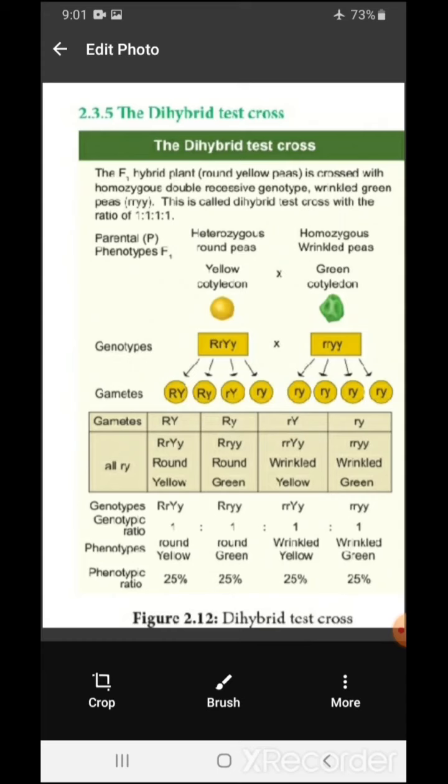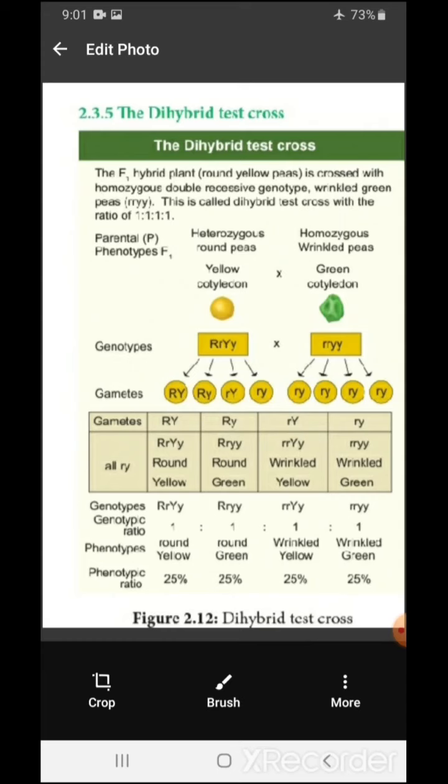Here, the F1 hybrid plant obtained in the dihybrid cross is round seed with yellow cotyledon. It is crossed with the homozygous double recessive, wrinkled seed with a green cotyledon. This is called the dihybrid test cross.